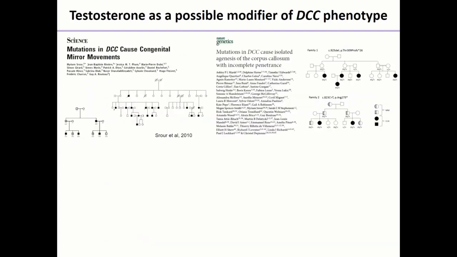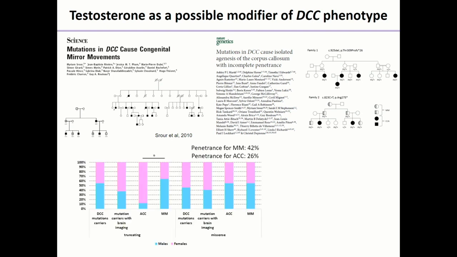Then we looked at the pedigrees, and by looking at the pedigrees, especially those published by Miriam Srour and Jamra, and our pedigrees, we had the impression that there were more females with agenesis of the corpus callosum and more males with mirror movements. So we quantified this by looking at all the individuals available with DCC mutation.